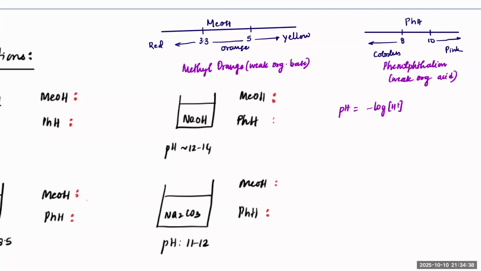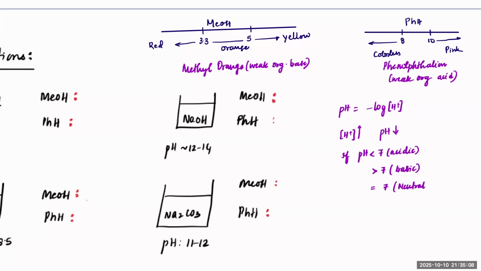So in short, if the H plus ion concentration is more, the pH of the solution is less. If the pH value of the aqueous solution is less than 7, we call it an acidic solution. If it is greater than 7, we call it a basic solution. And if it is equal to 7, we call it a neutral solution.